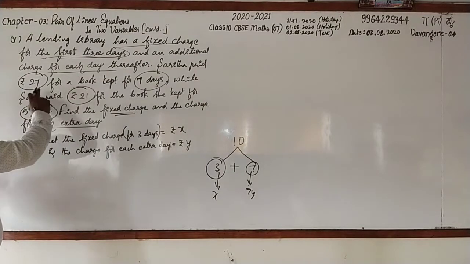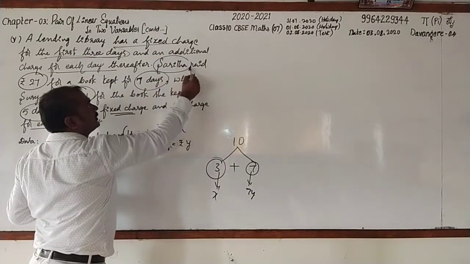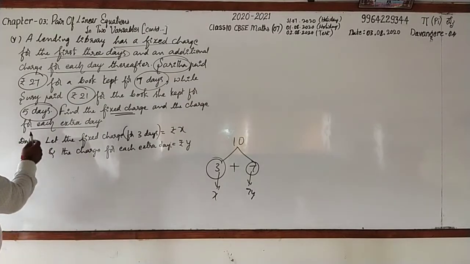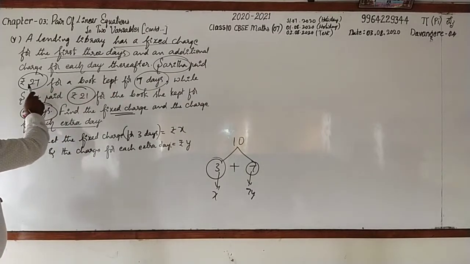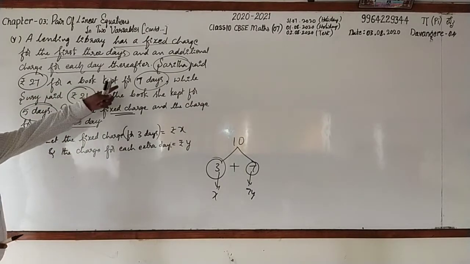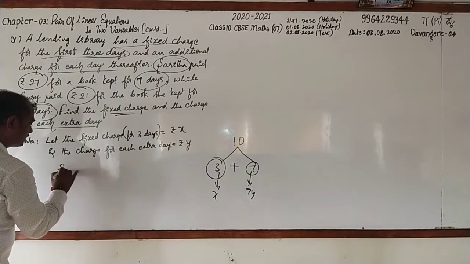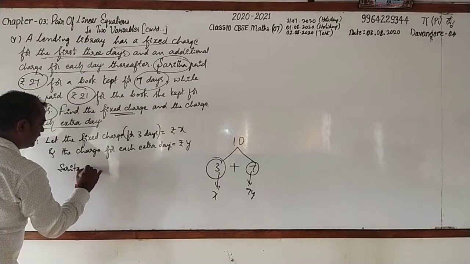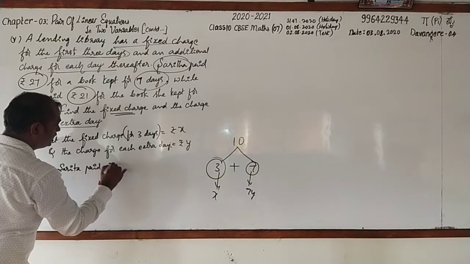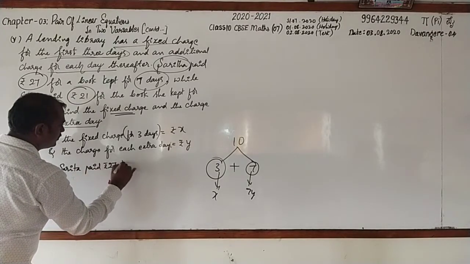Here, observe the two situations. There are two persons, one is Sarita and another one is Susie. Sarita paid 27 rupees for a book she kept for 7 days.